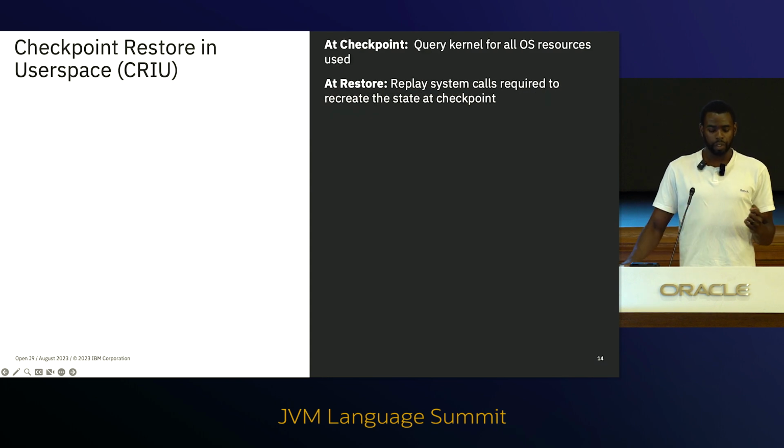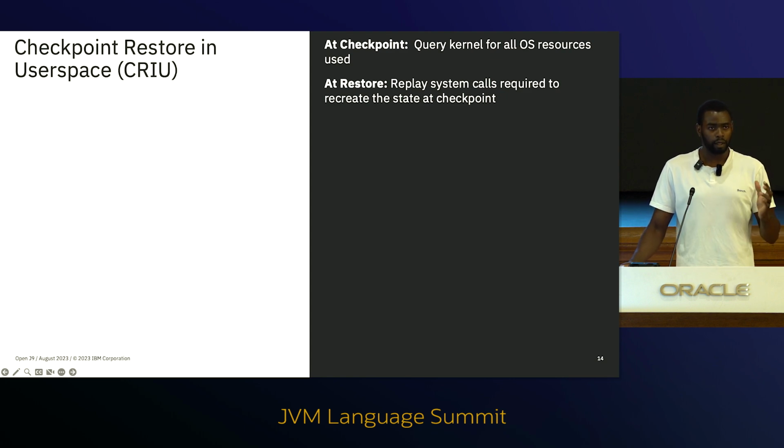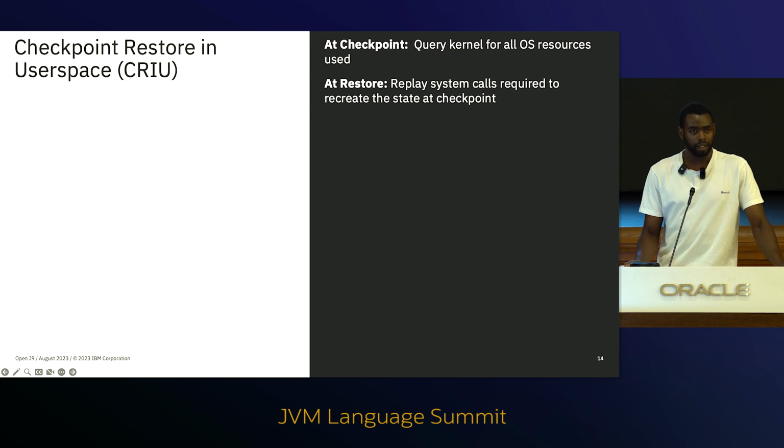So how does it actually work? An application uses many operating system resources like files and memory, shared, private, virtual, etc., and interacts with control groups and namespaces. At checkpoint time, CRIU queries the kernel for all OS resources that the process has acquired and is using in order to determine the state of the application.